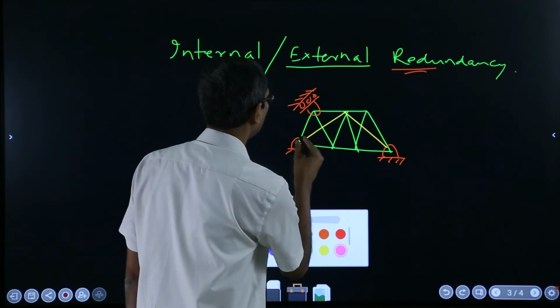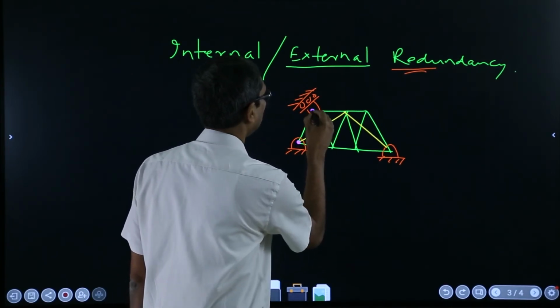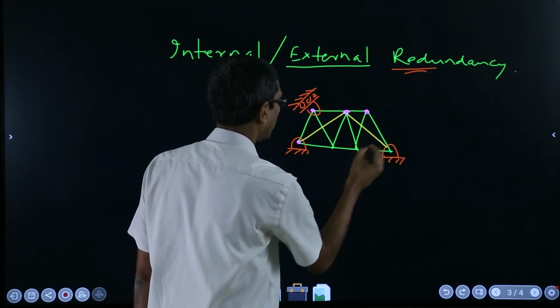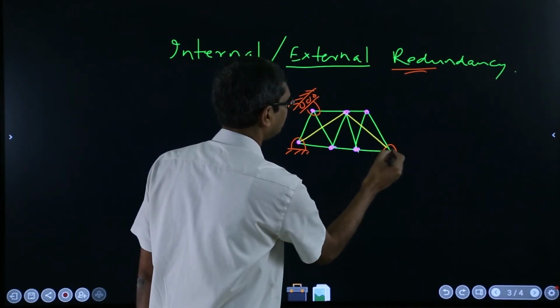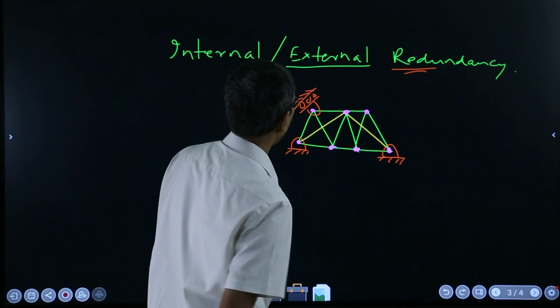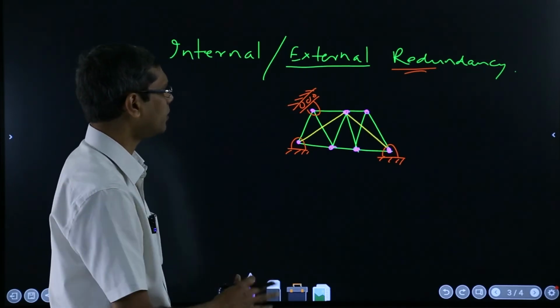So let me put the joints here to show where all the joints are. Those are the joints, but in the other places they are not.